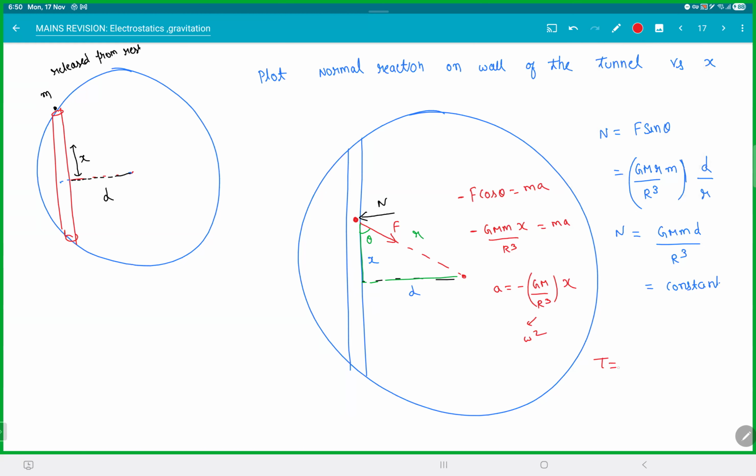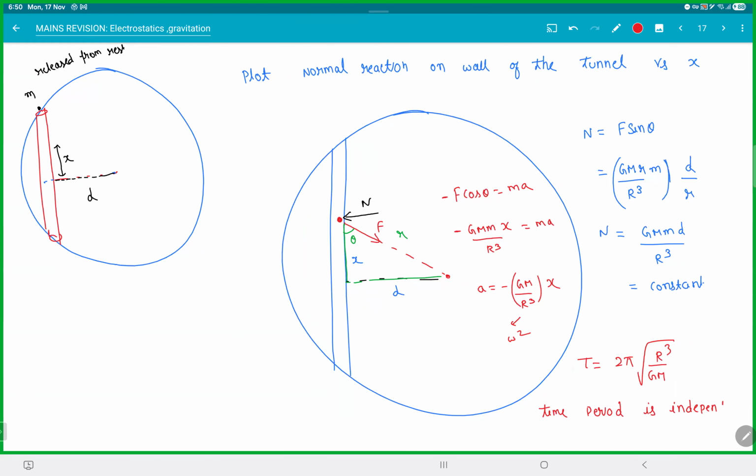The time period is 2 pi root over r cube by GM. Remember the result. It's quite important. Doesn't matter where you make the tunnel. Again, remember it's the time period to go down and come back, a full oscillation. Time period is independent of d. You can dig the tunnel wherever you want. Clear with that?